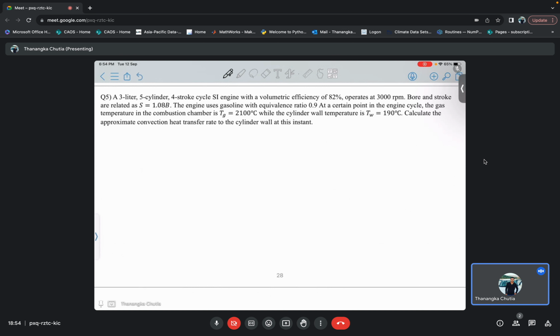If you want to see what actually is happening here, this gas is at temperature Tg, and as it comes down, there will be a linear decrease. This is basically your inner side, and this is your outer side.